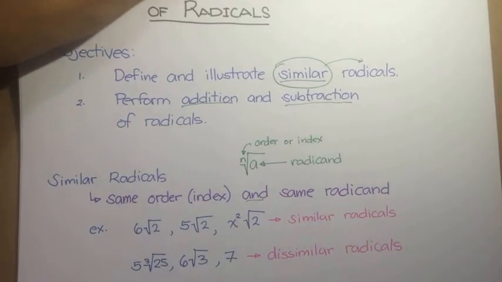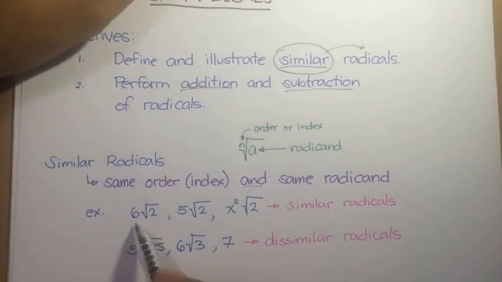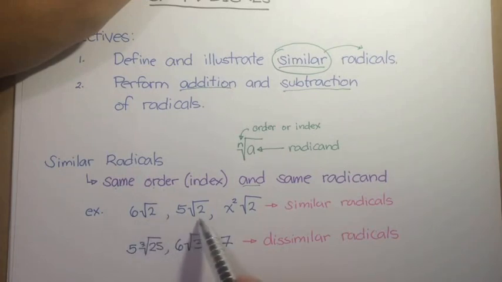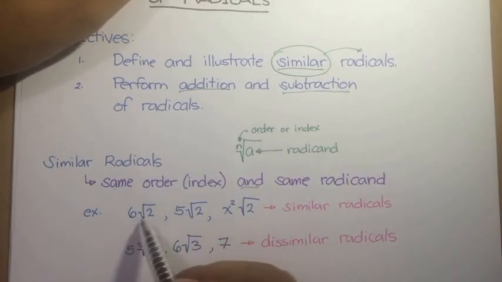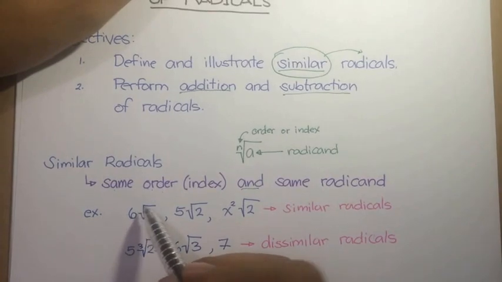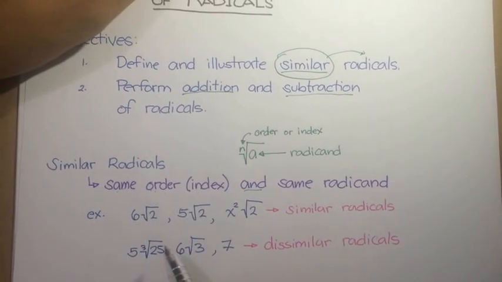For example, I have here three radicals: 6 square root of 2, 5 square root of 2, and x squared square root of 2. All of these radicals have an order of 2. Remember, if it's not written, it is implied that the order is 2.